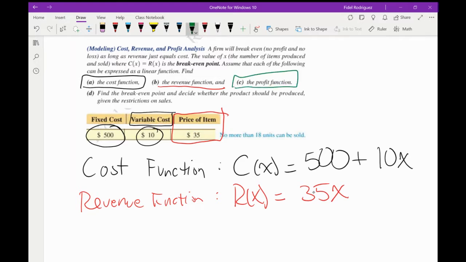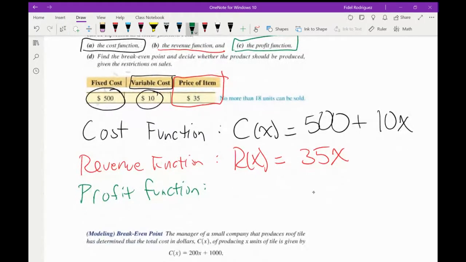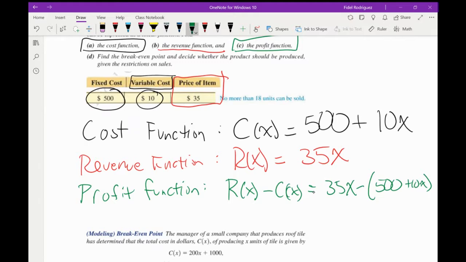And then we have something called the profit function. The profit function is going to be the revenue minus the cost. So it's going to be 35X minus (500 plus 10X).